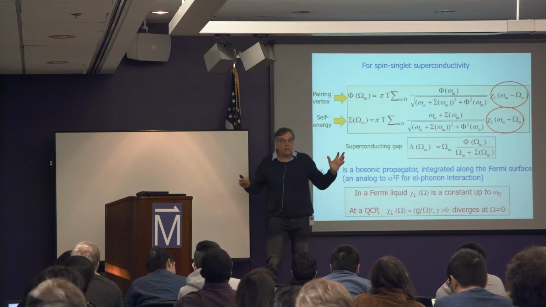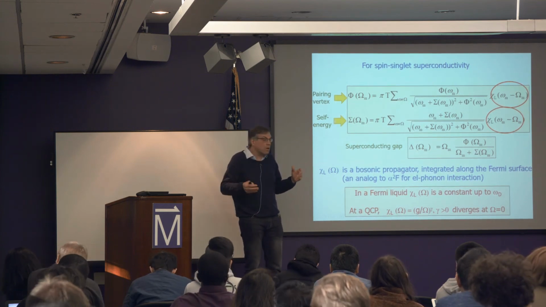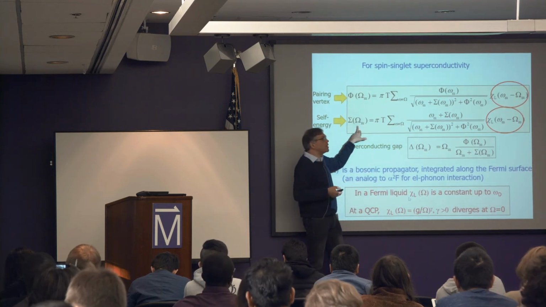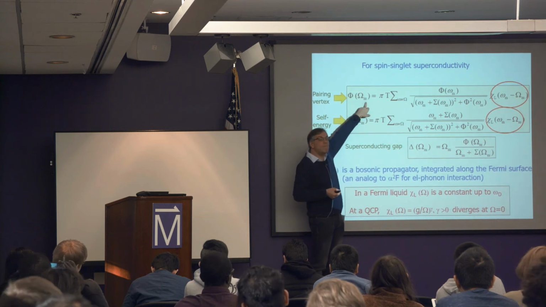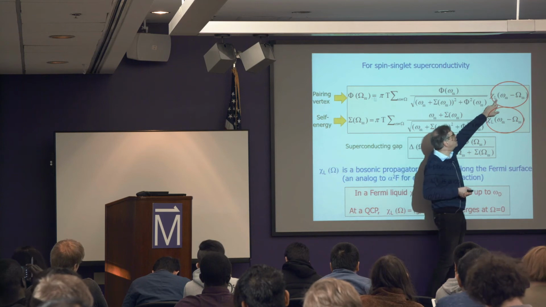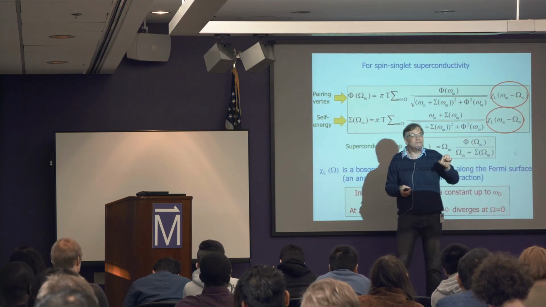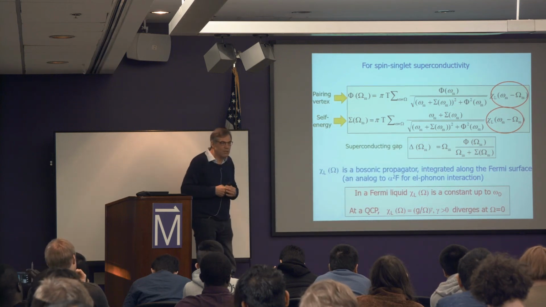What about a Fermi liquid? In a Fermi liquid, we know what's going on. This object is a constant. If it is a constant, this equation gives you a self-energy which is completely regular, Fermi-liquid-like. This gives you the BCS pairing problem, which means that if this is, in this notation, positive, read attractive, then you get a solution of the gap equation, which is the BCS gap equation.